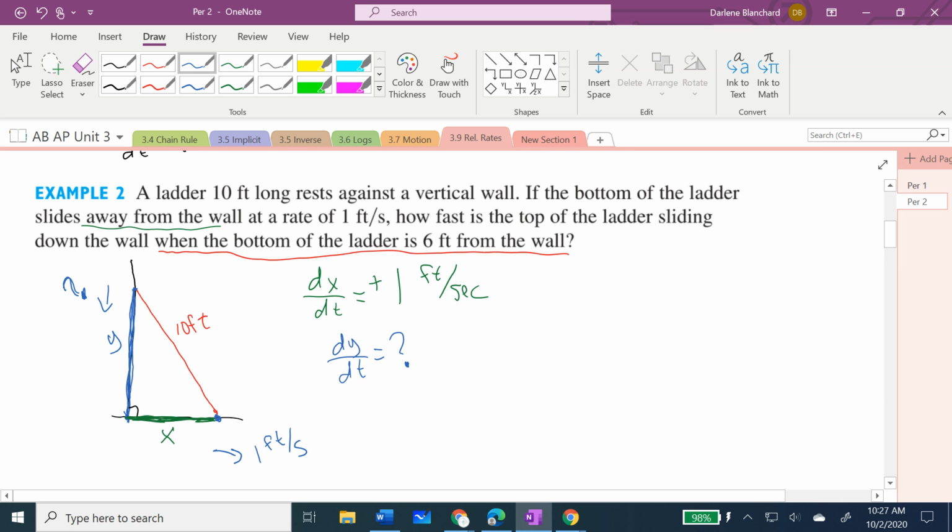Now, right triangles are one of the main diagrams that show up in related rates. If there are no angles involved, the Pythagorean theorem is your go-to. If angles are involved in rates of change, you're going to pick a trig function.